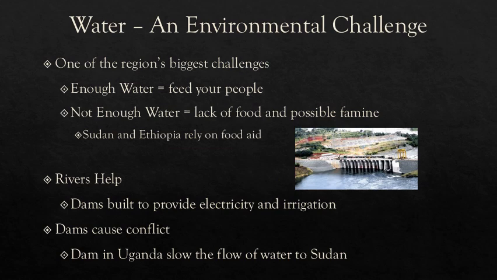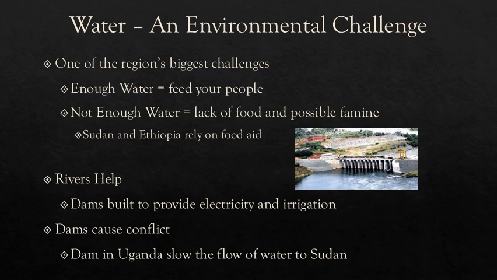One of the region's biggest challenges is water. Okay, the reason being, a lot of the places don't have enough water. Right, and if you have enough water, you're great. You can grow crops, you can do whatever you need to, you can feed your people, right? And your people have full bellies. But if you don't have enough water, then you don't have enough food.